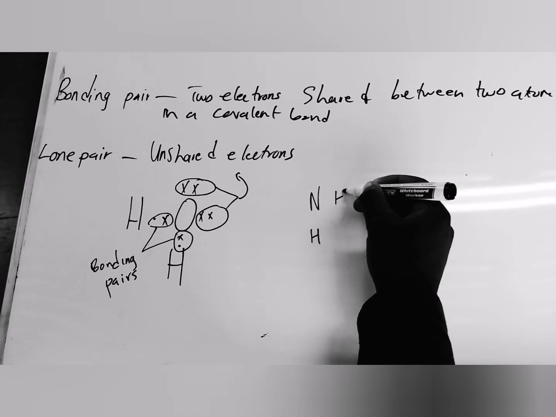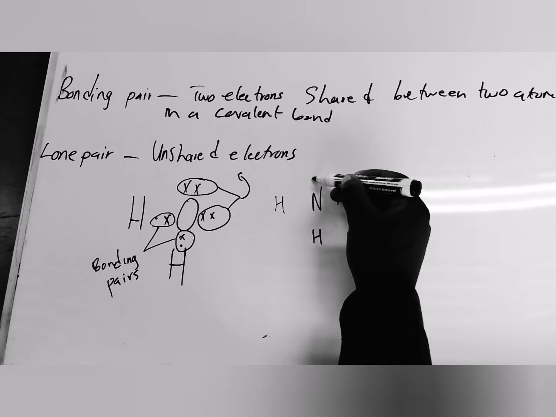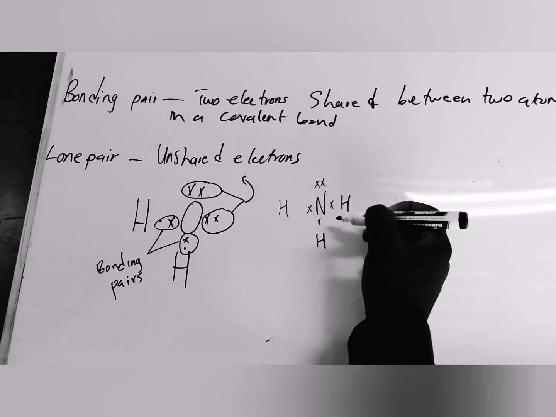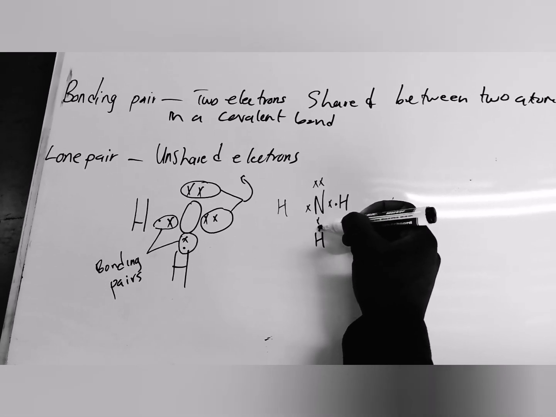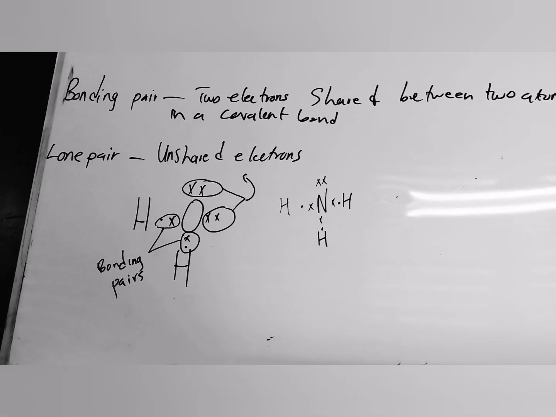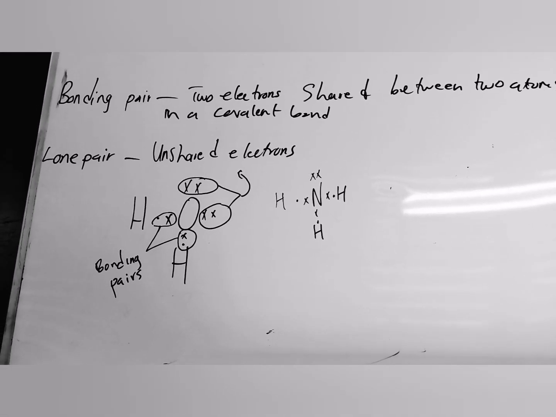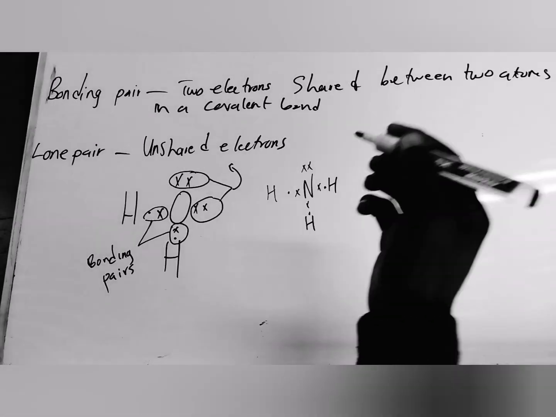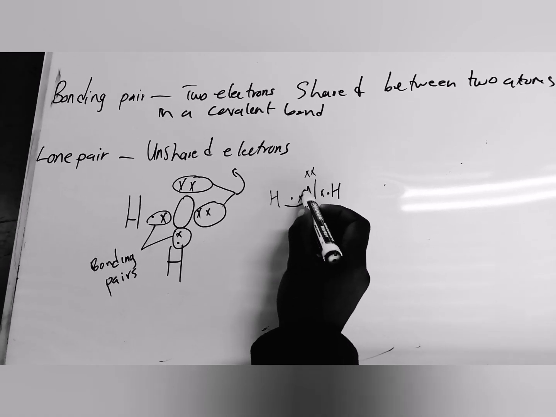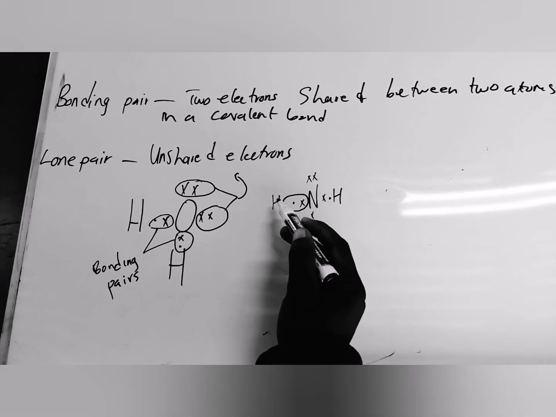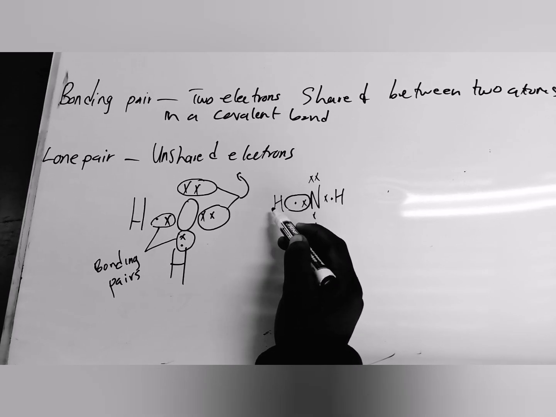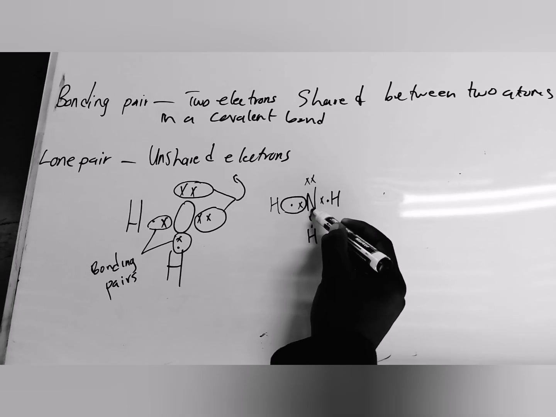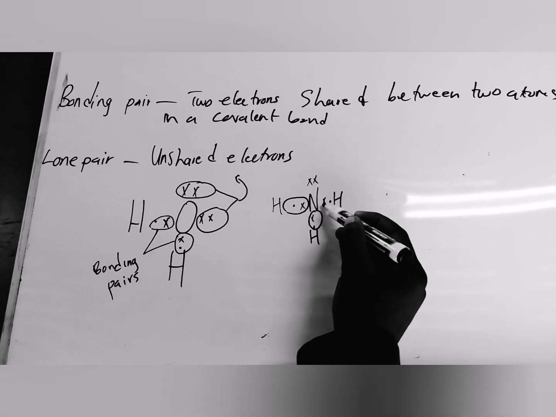Okay, NH3, ammonia. I want to show you how you see lone pairs and bonding pairs. So this is the Lewis structure for ammonia. Now here we have 3 bonding pairs of electrons, because each hydrogen's electron is paired with 1 electron of nitrogen.